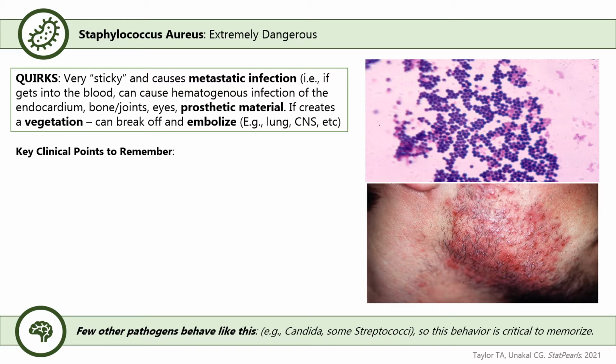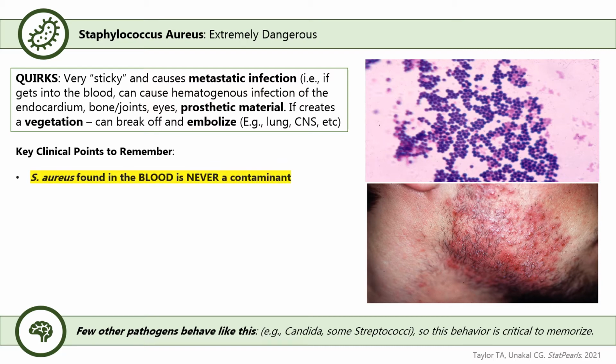Once stuck to these places, Staph aureus can create a biofilm or vegetation, which can break off and embolize to distant sites, also causing problems. For example, it can cause a stroke from a septic emboli and left-sided endocarditis. For this reason, we always need to know where the Staphylococcus came from and where it has gone once we notice that it's in the blood.